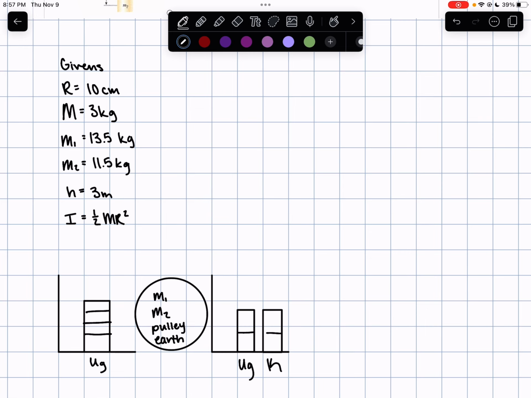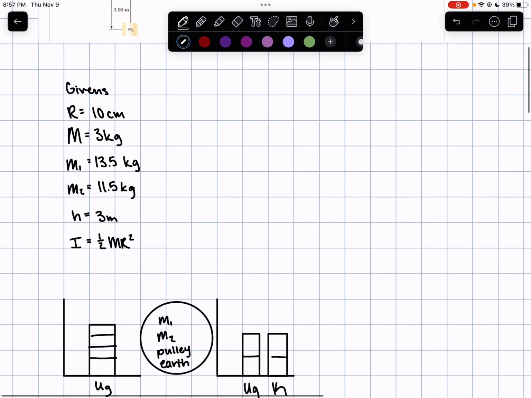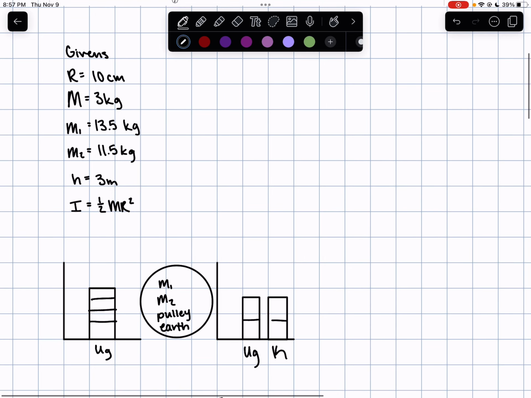First, what's in our system? Well, we need both of the masses, the pulley, and the earth, because the masses are suspended in air other than the 0 point. So the earth will be the gravitational or potential energy, and the masses and the pulley are what's going to be used for kinetic energy.